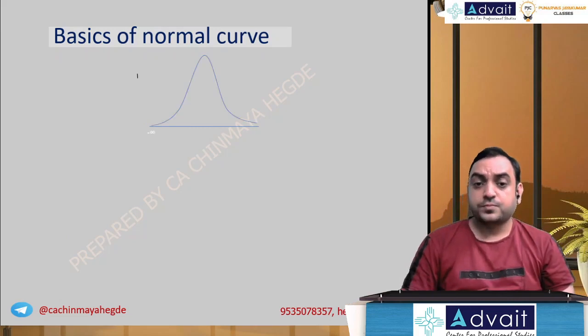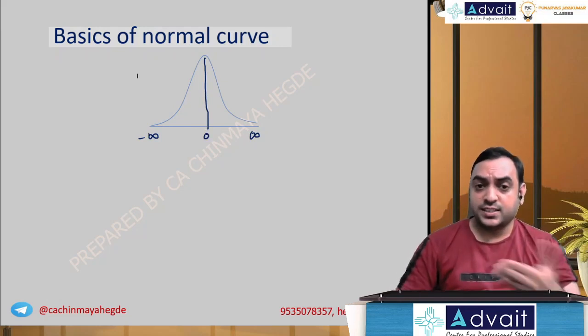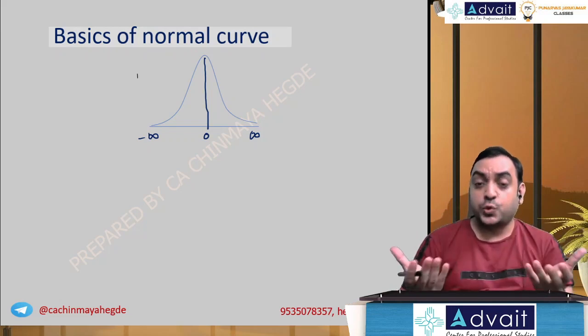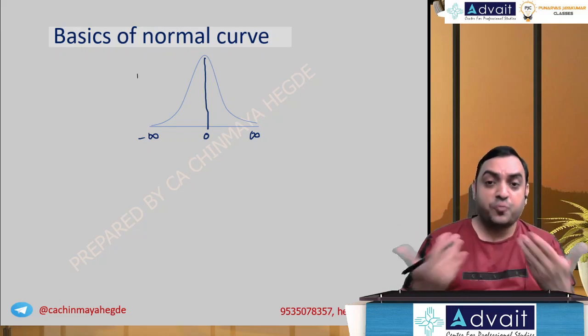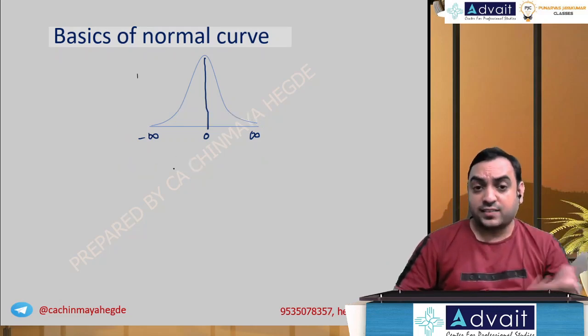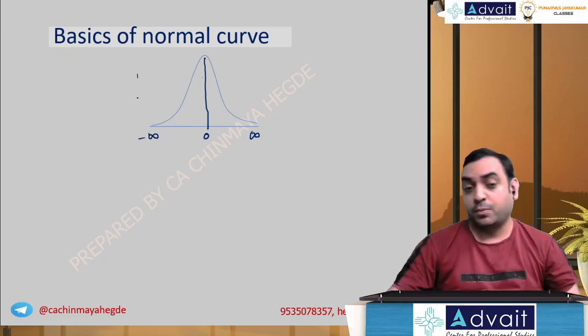The normal curve is a bell-shaped curve where the left extreme is minus infinity, the right extreme is plus infinity, and at the exact middle point we have 0. Marks of students, weights of students, salary of people are all on the x-axis, and the area under the curve represents probability.